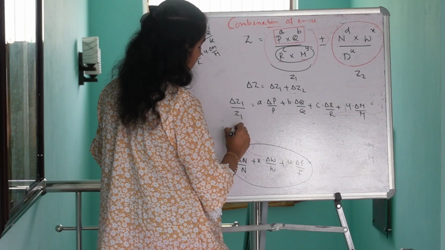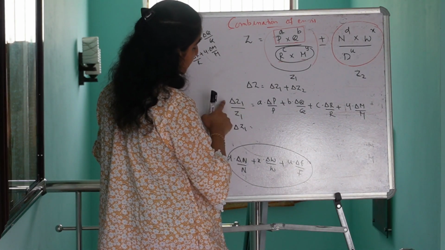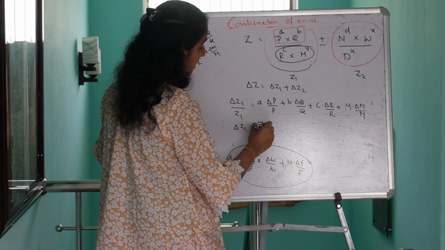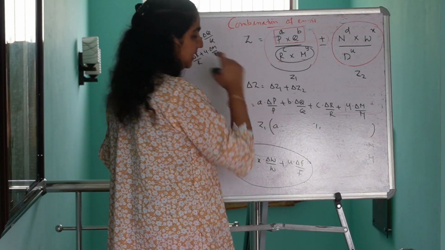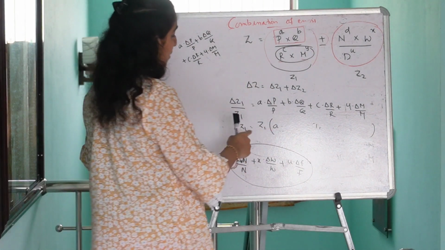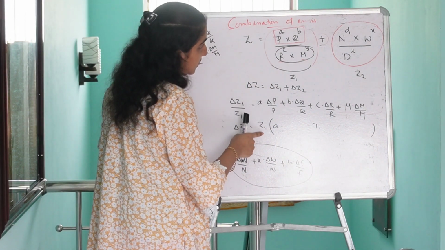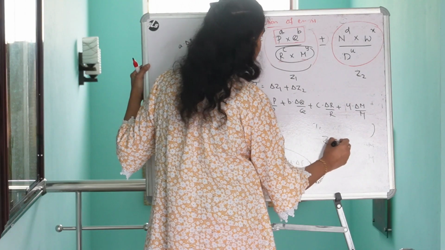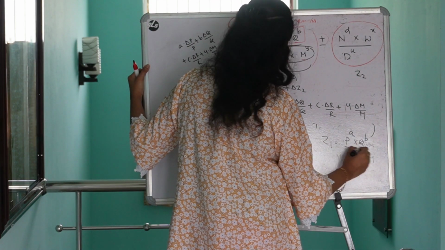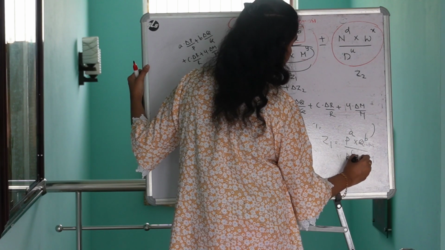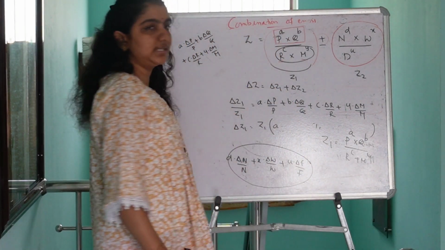So what is the absolute error in the first term? Absolute error in the first term, del Z1, is equal to Z1 into this whole term. Now, what is Z1? Z1 is nothing but P power A into Q power B divided by R power C into M power Y. Is it clear, guys?